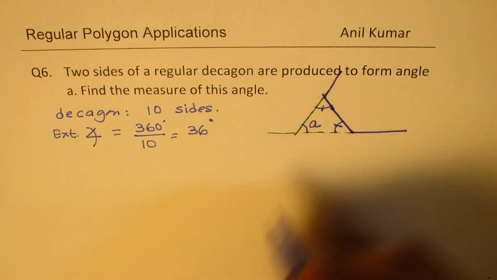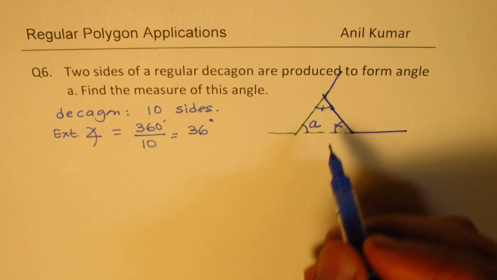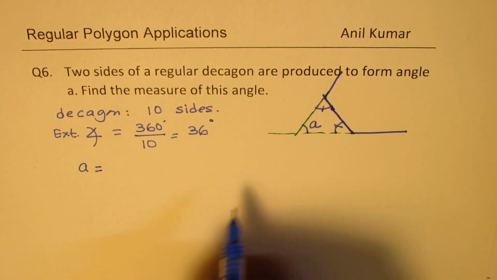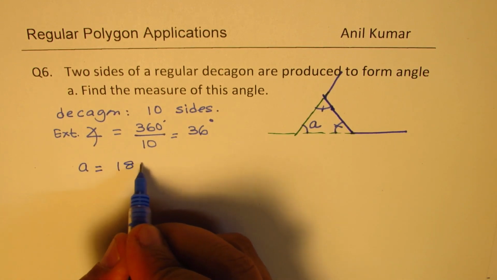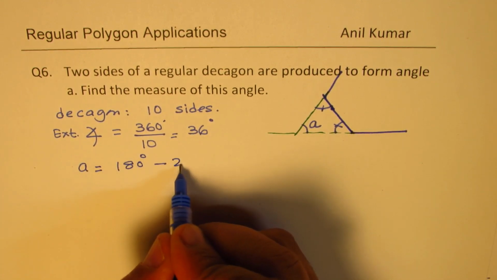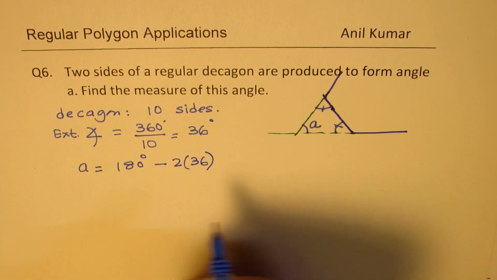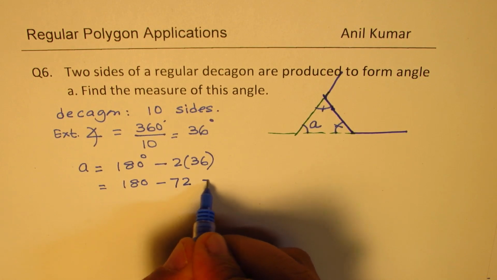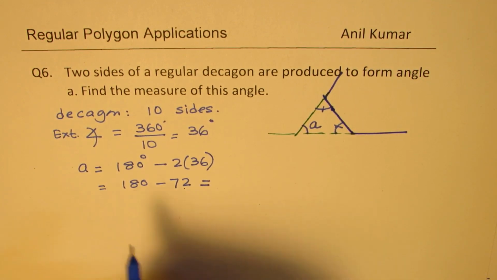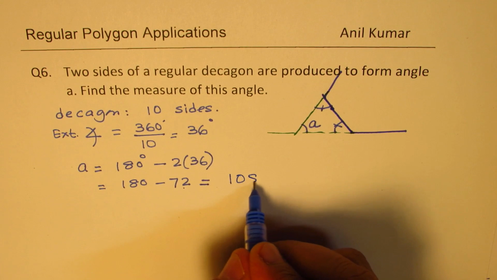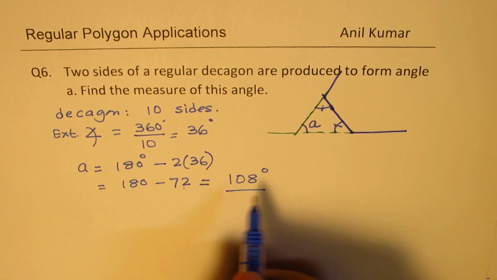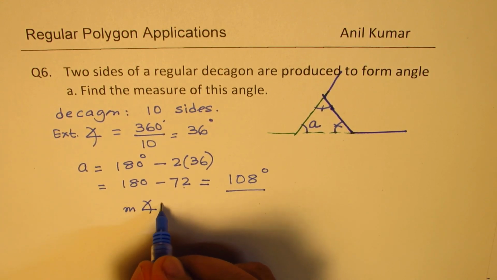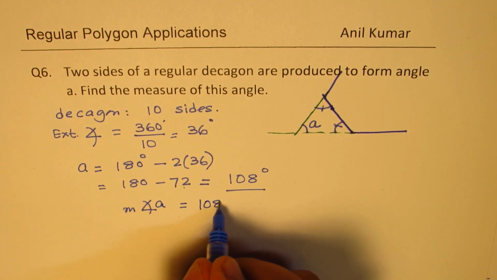So these two angles will be equal when you extend this. So what is A equal to? A is basically equal to 180 degrees minus 2 times 36 degrees, which is 180 degrees minus 72 degrees, correct? So when you take away 72 degrees, you get 108 degrees. So that becomes your answer. The measure of angle A is equal to 108 degrees.